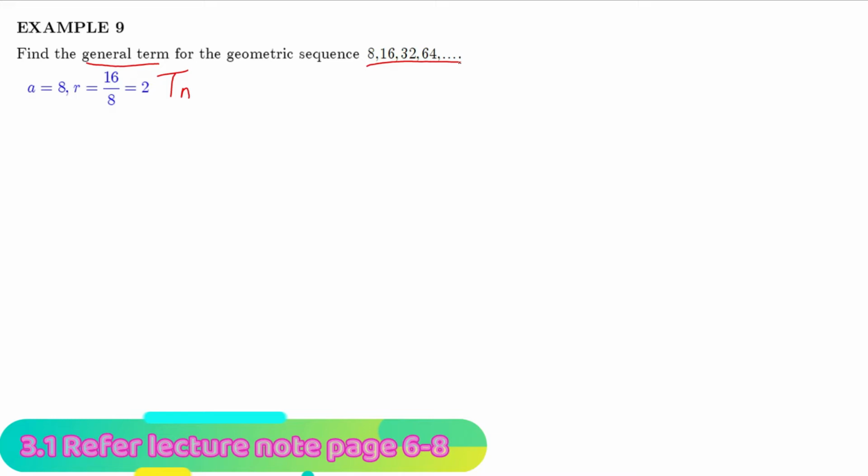So general term here is Tn equals A dot R to power n minus 1. And substituting our A and R we found previously, we have 8 times 2 to power n minus 1, and simplify it, we have Tn as 2 to power n plus 2. And we're done.